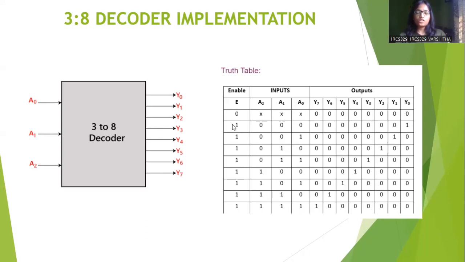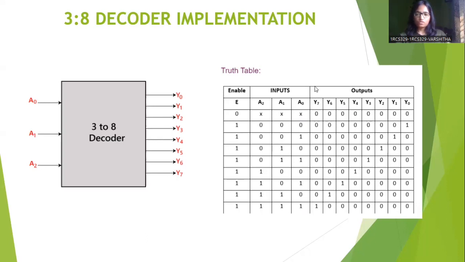For the first input, when all three input signals are zero, Y0 is at the one state. For the second input, 0, 0, 1, Y1 would be at the one state. For the third input, Y2 would be in the active state. For the fourth input, Y3 would be in the active state. And so on, at the last input signal, Y7 would be active.